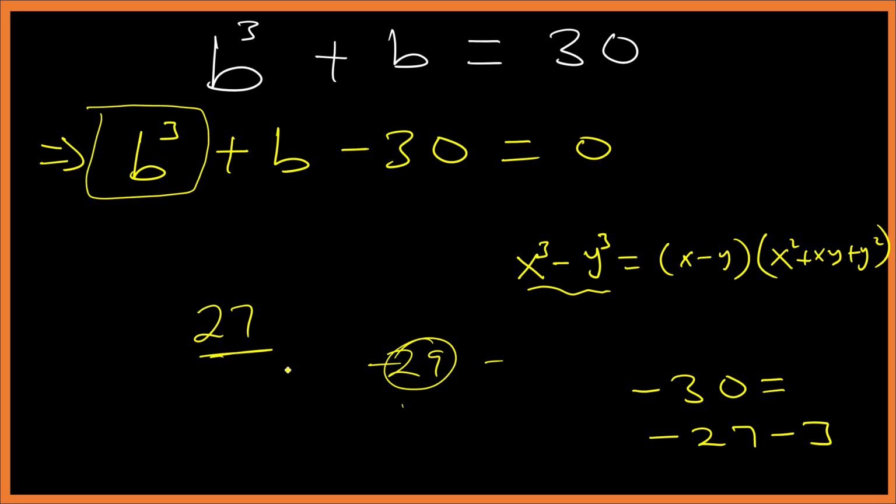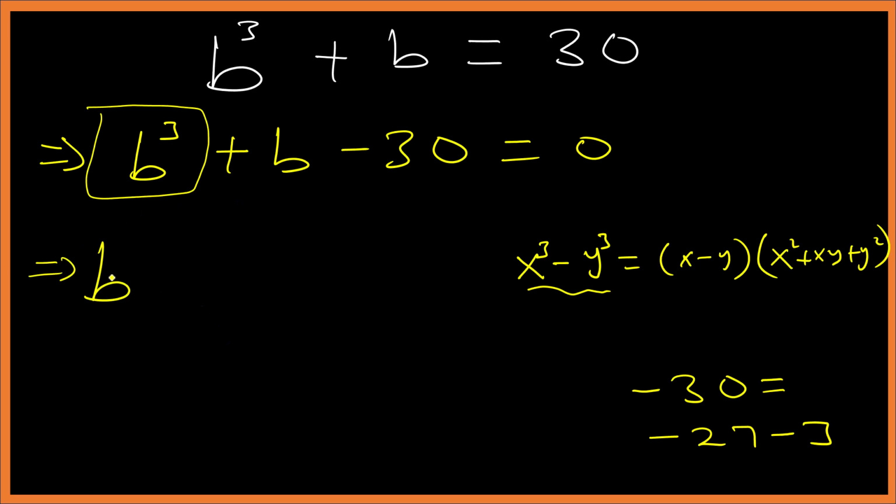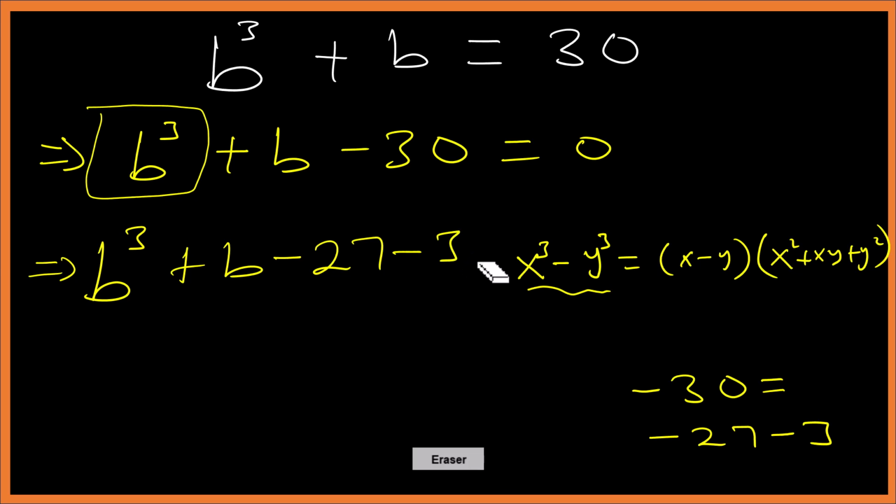Now let's go ahead and arrange this one. So we have b cube plus b minus 27 minus 3 equal to 0.